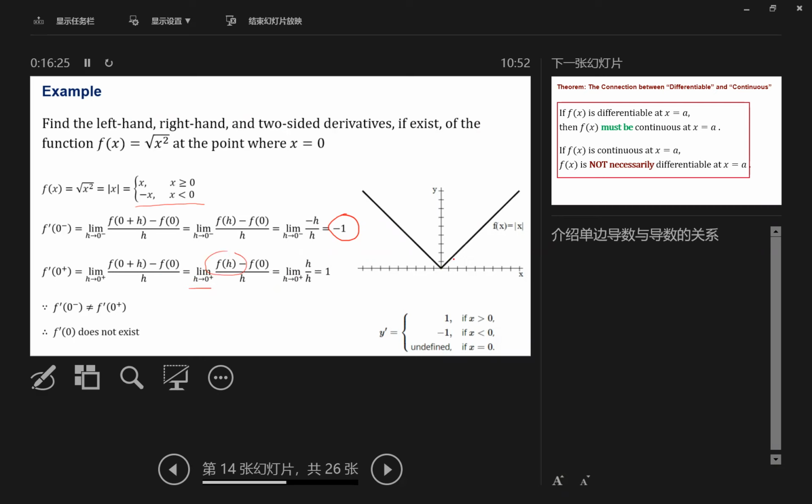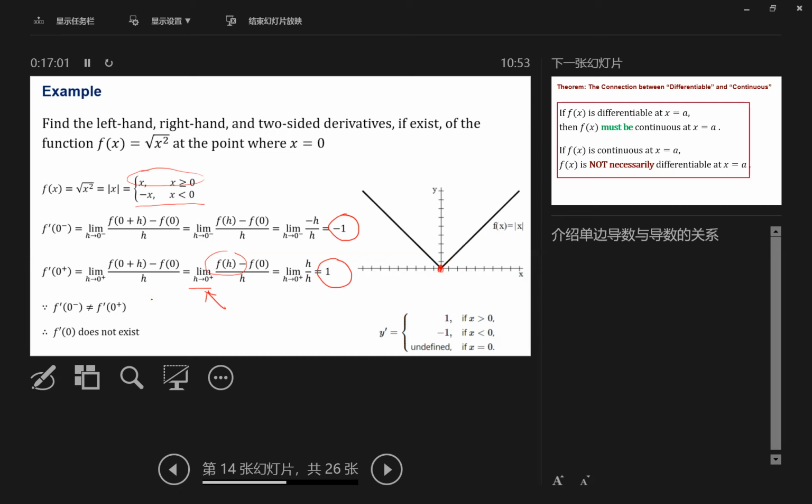That means you should use this expression to evaluate f of h, which is h itself. You understand? Because here h is a positive number. A positive number is x itself. Therefore, f of h is h, and f of 0 is 0. So that becomes h over h, which is 1. Therefore, the right derivative at this point, x equals 0, is 1, right?